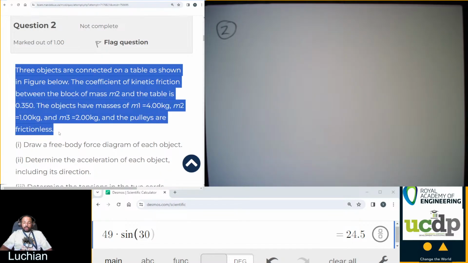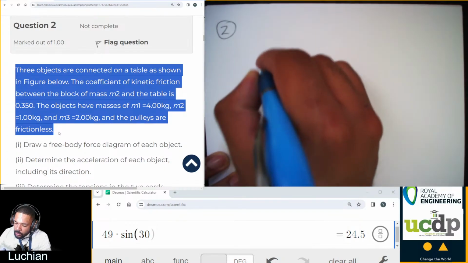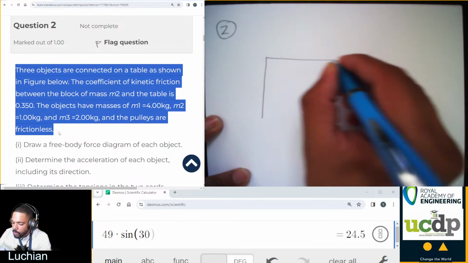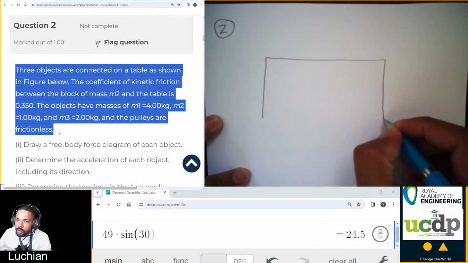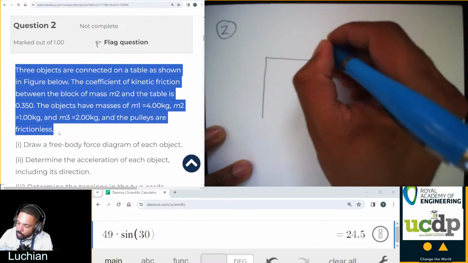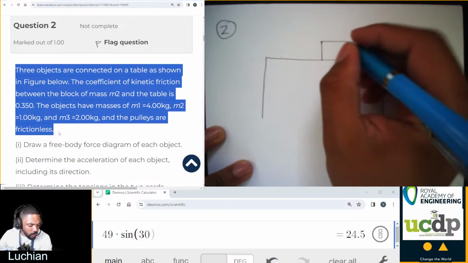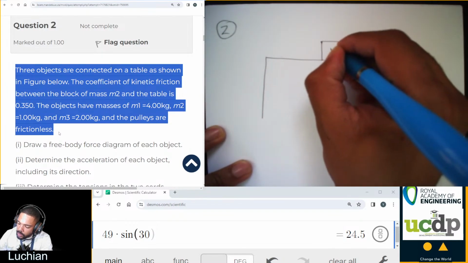Okay, question 2. The question is, three objects are connected on a table as shown in the figure below. Now, for some reason, these questions do not include the figures they are referring to. So I'm going to draw the figures that should have been included. This is mass number 2.